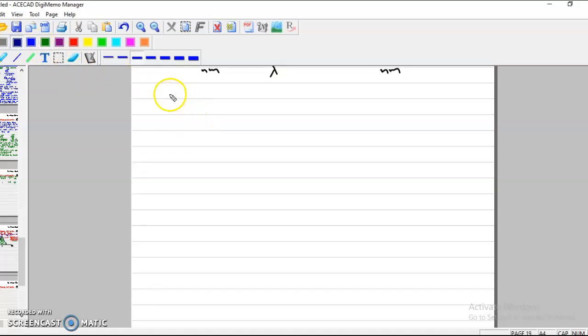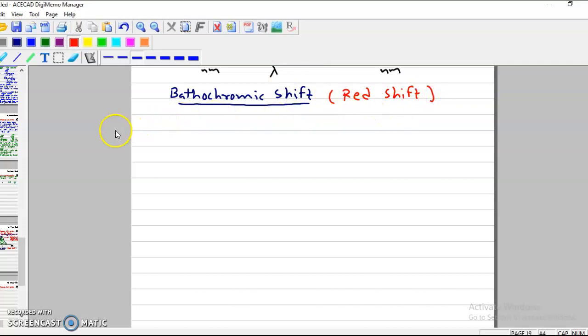First of all, we will take bathochromic shift. It is also known as red shift, and the reason for that is that the wavelength of absorption of the substance increased.